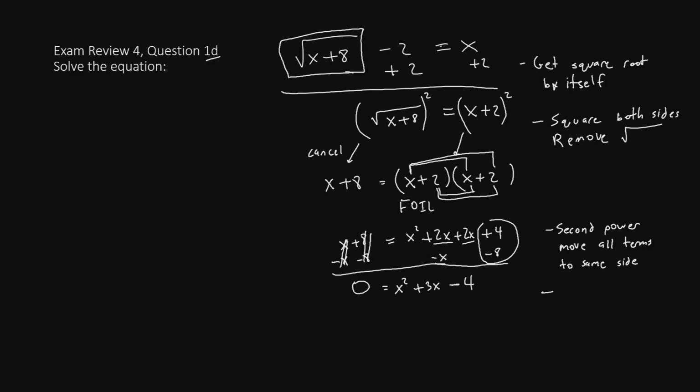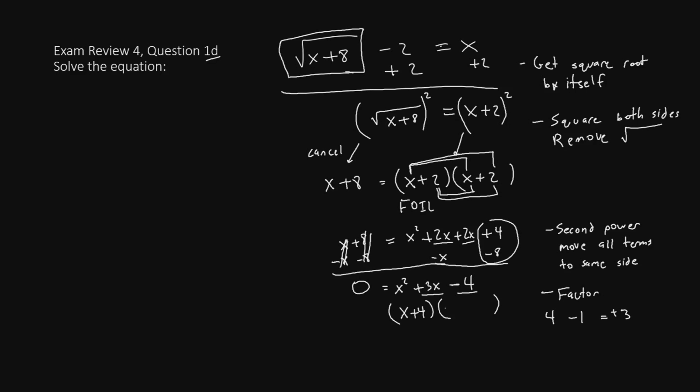Now that we have everything on the same side, let's factor it. So now, let's try to break this into parentheses. We need two numbers that multiply to negative 4. The numbers I'm thinking of are positive 4 and negative 1. We know that 4 times negative 1 gives negative 4. That's a match here. And then 4 subtract 1 gives plus 3, and that's a match here.